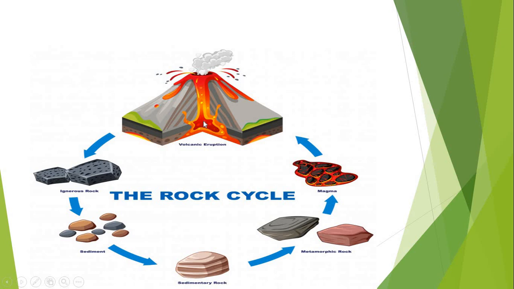When it cools down and solidifies, it leads to the formation of igneous rock. The magma which cools down inside the Earth's surface is called intrusive igneous rock. The magma which cools down on the Earth's surface is called extrusive igneous rocks.